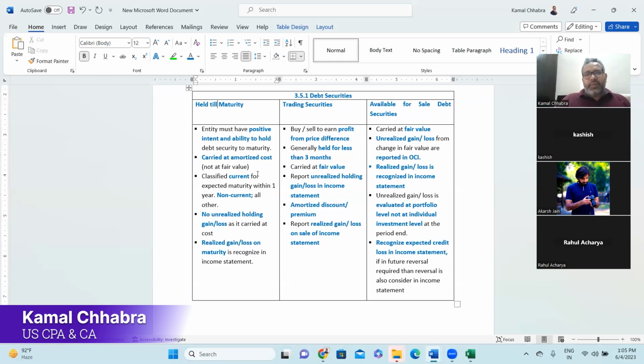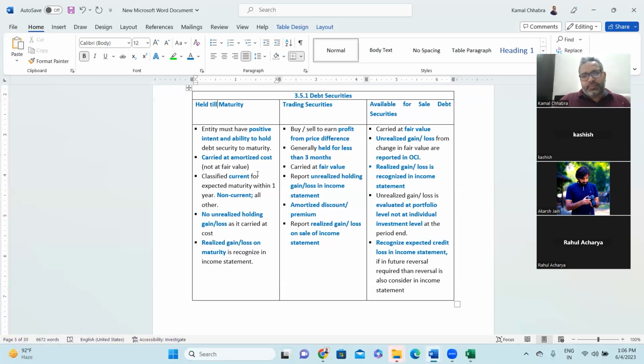In the afternoon, you see the price has increased to $1,010, and you sell it. On each share you earn $10 of profit. Let's assume you have purchased 1,000 shares. That means you have earned $10,000. Make sense? Trading security is generally held for a period of less than 3 months.